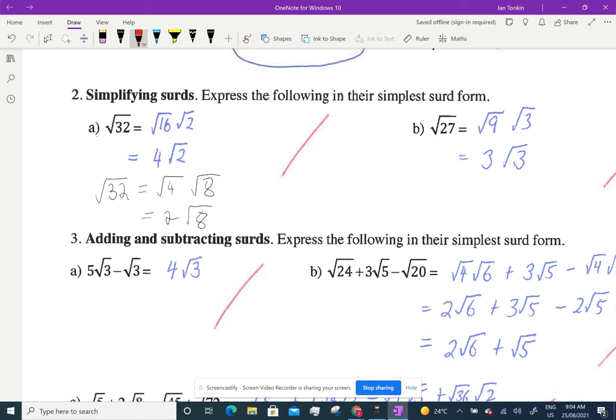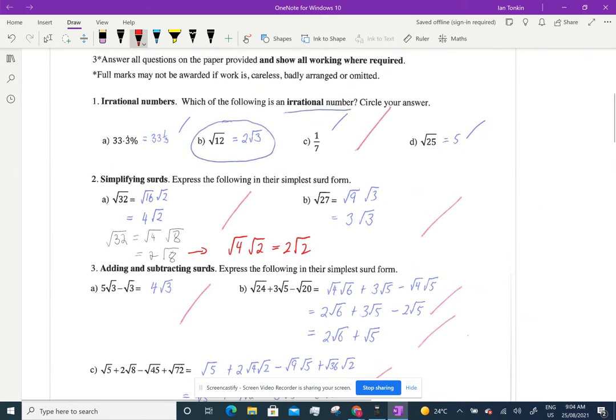People can't simplify root 8. And root 8 is root 4 times root 2, which equals 2 root 2. So you might have lost half a mark there if you couldn't simplify root 8.